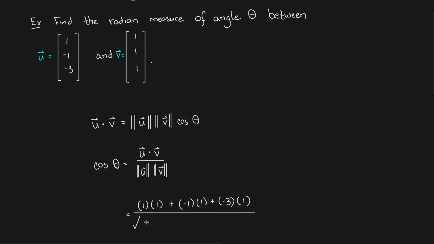So square root of 1 squared plus -1 squared plus -3 squared. It's going to give me norm of U. And norm of V is 1 squared plus 1 squared plus 1 squared under a square root.